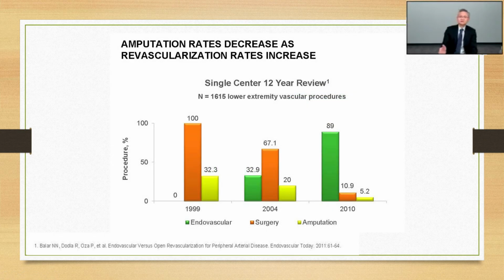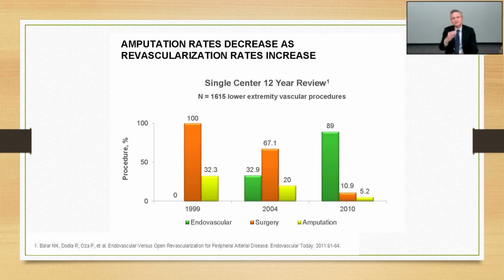Well, the good news is that this is changing over time. As you look at this slide here, it demonstrates really well. This is data from a single big center over 12 years. And this orange bar here shows you the percentage of surgical revascularization being performed at different time intervals.